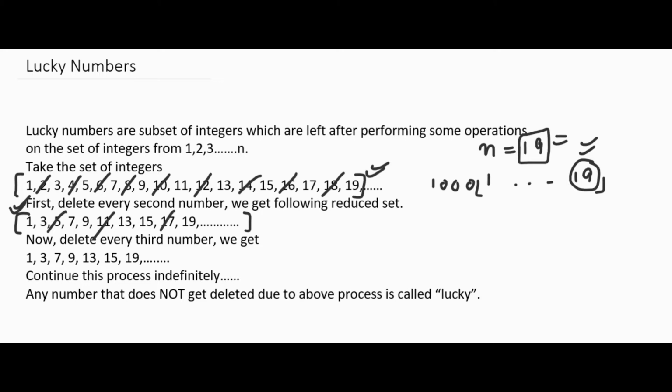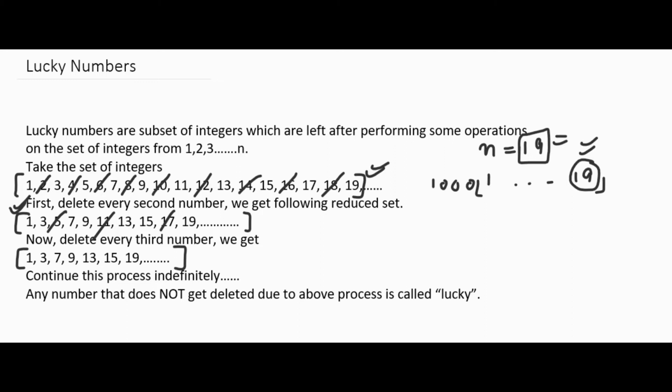Now we have to continue this process indefinitely. Now we have to delete every fourth number, then we will delete every fifth number, then every sixth number, and so on.